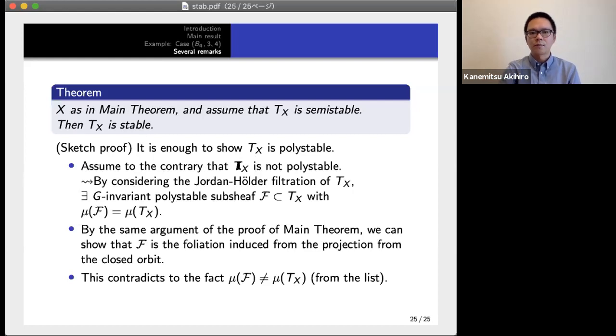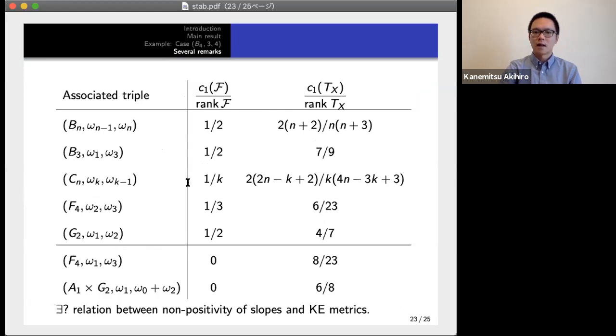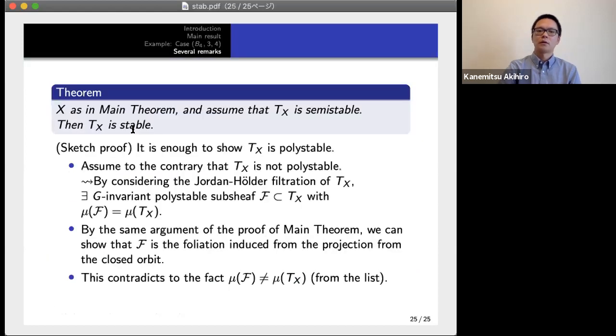But since we assume that the tangent bundle is not polystable, this F is a proper subsheaf of the tangent bundle. Then by the same argument as the proof of the main theorem, we can show that this F defines a foliation, which comes from the projection from the closed orbit. But the slope of this foliation F is as in this slide. And in each case, the slope of F is different from the slope of the tangent bundle. So this contradicts the fact. So we are done.